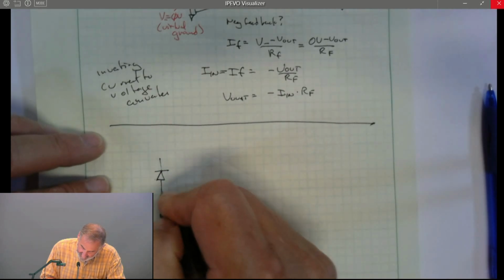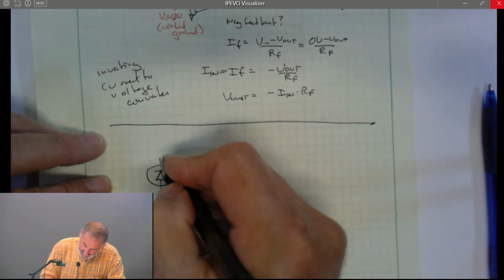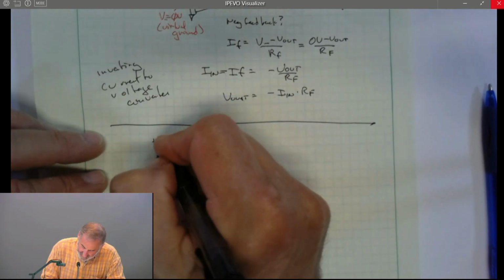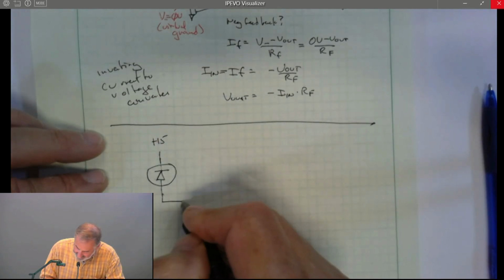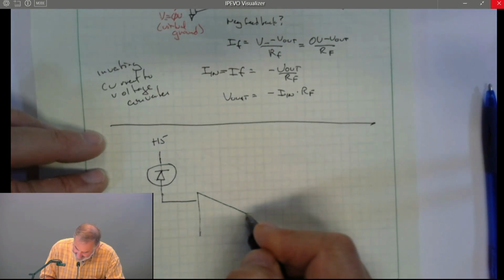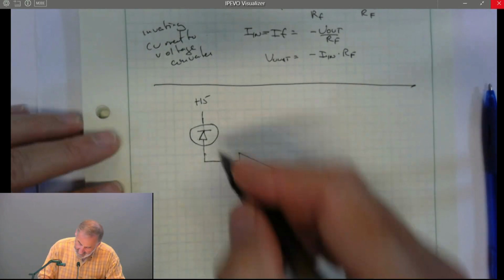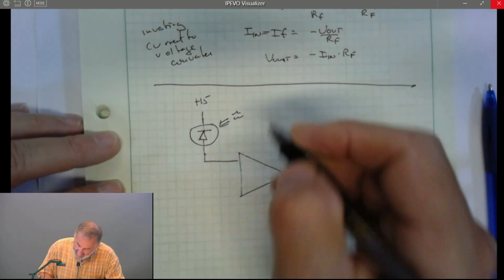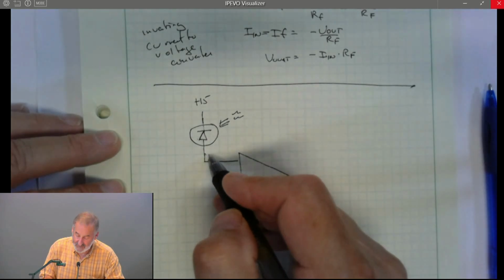For example, if we take a diode and we expose it to light, current flows in the reverse direction. So if we bias this, it's a photodiode. When light hits it, current flows in the reverse direction.